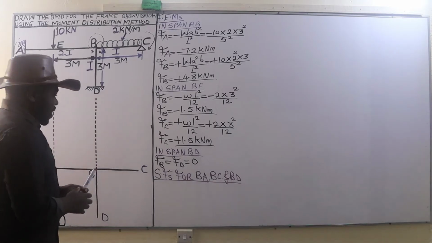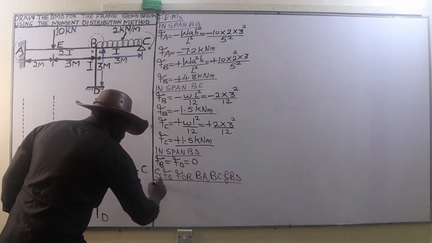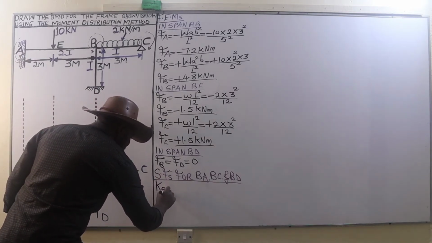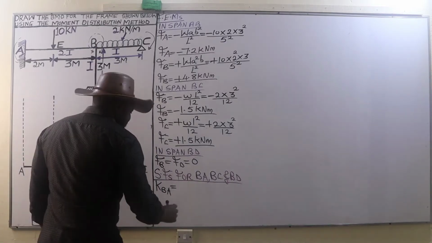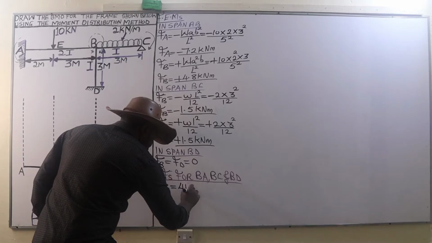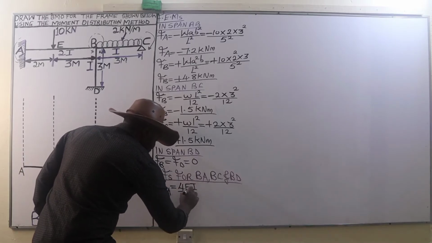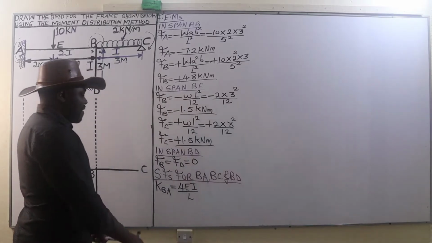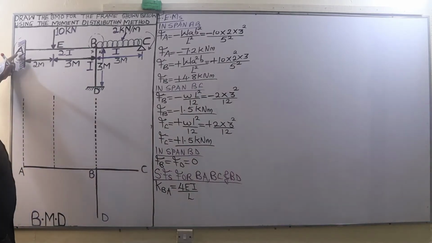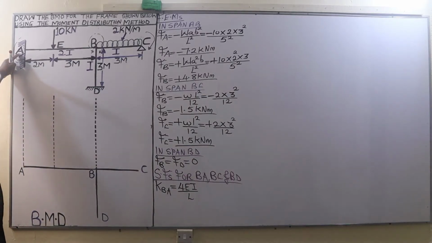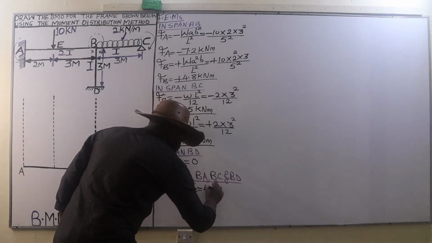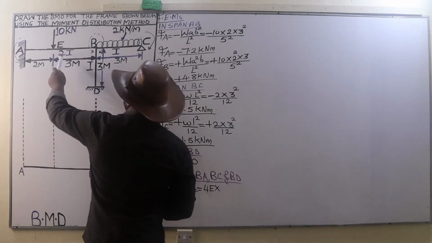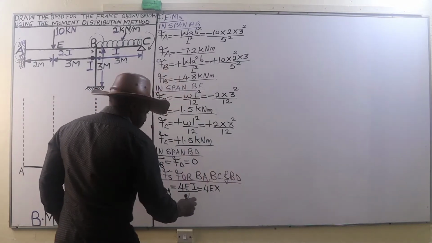Now, starting with the stiffness factor for member BA, that is K BA, the stiffness factor will be given by 4EI divided by L, since the beam is fixed at A. This will give us 4E multiplied by I, which is 2I for member BA.